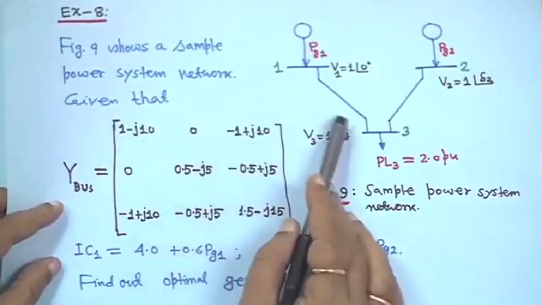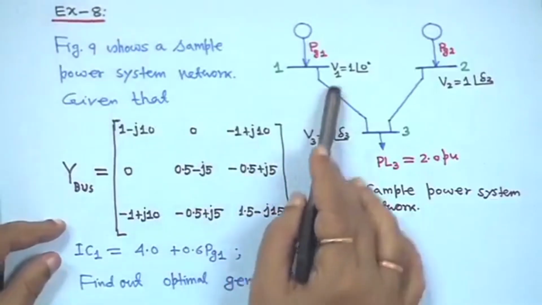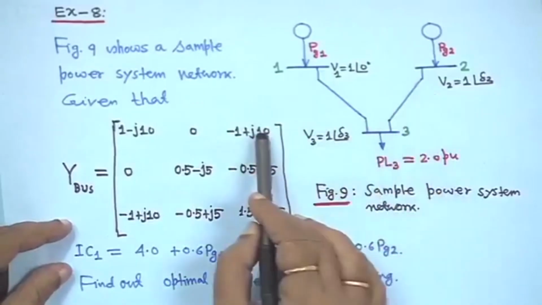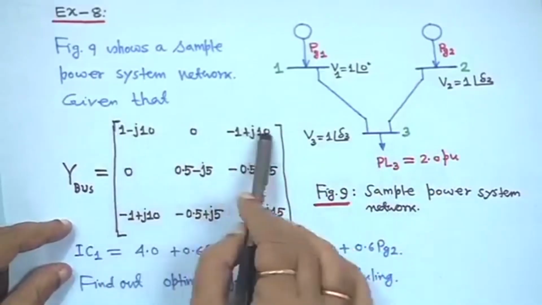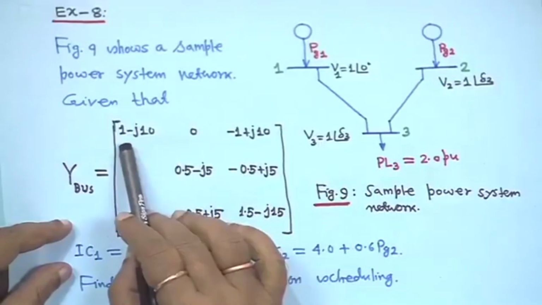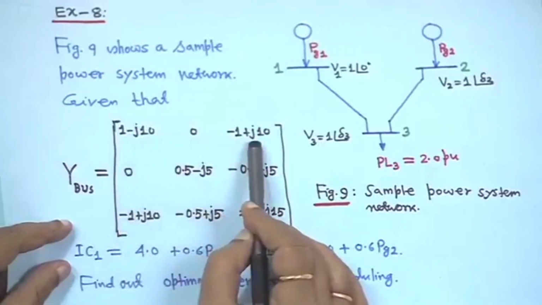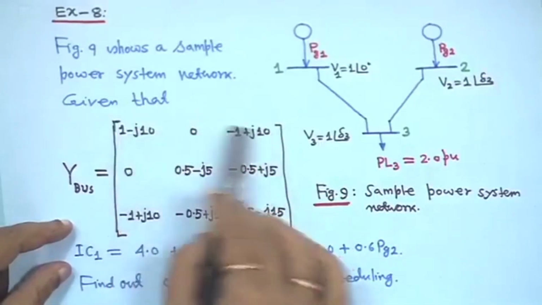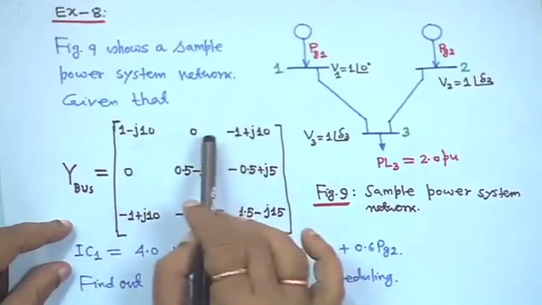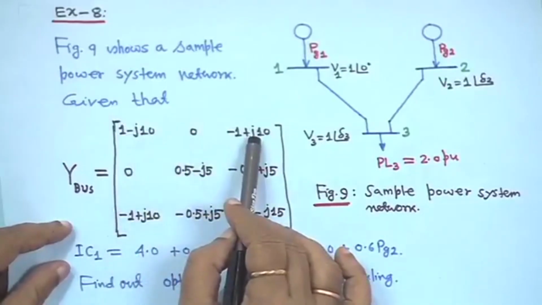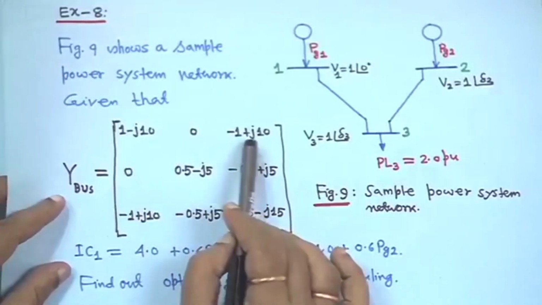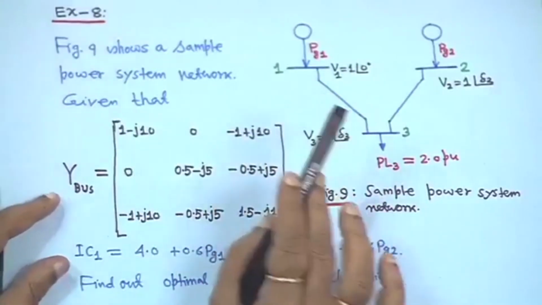From this you can make out that line charging admittance is not considered, because if you sum up all the elements of this row, it becomes 0: 1 minus 1 is 0, minus j10 plus j10 is 0. For any row, if you sum up all the elements, whatever is left is your charging admittance, but in this case charging admittance is not considered.